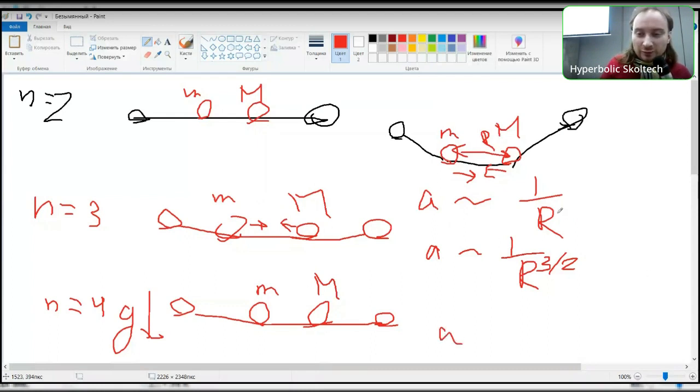Here it was 1 over r, here it was 1 over r to the power of 3/2. So here is the usual gravitational law from Newton, and this is actually the model of gravitation, and this is how heavy bodies are curving space around us.